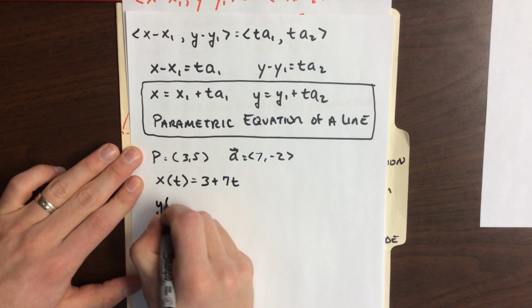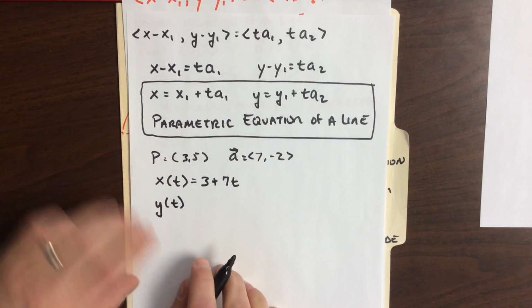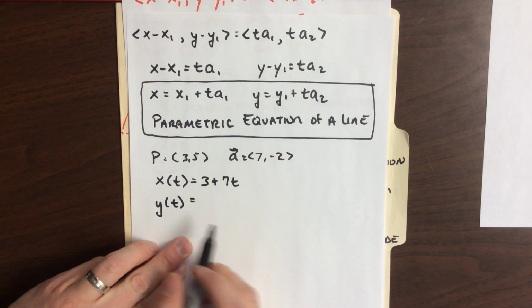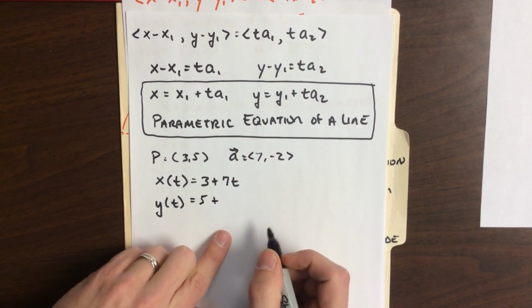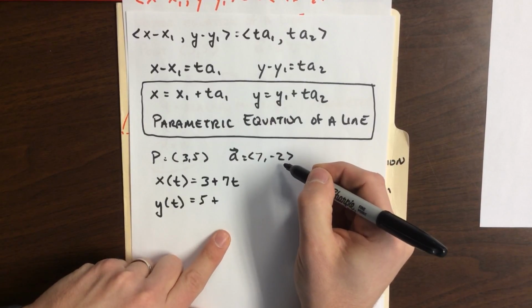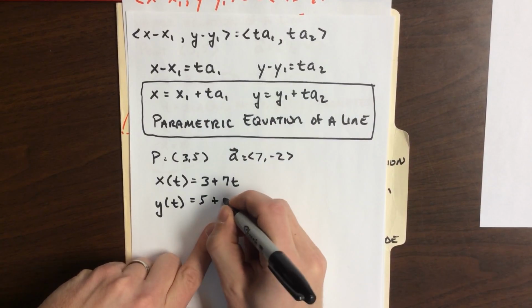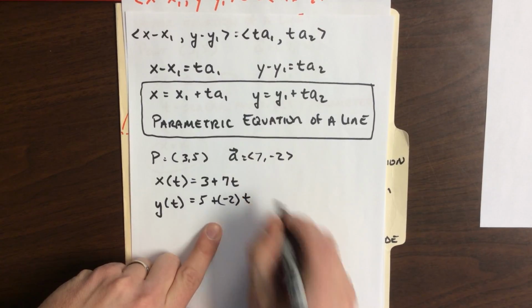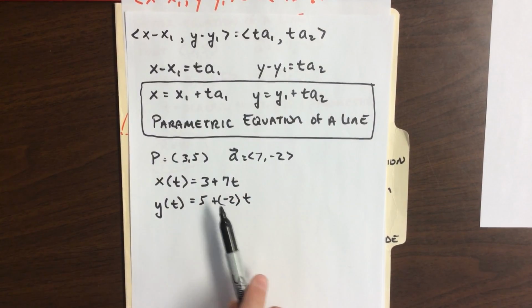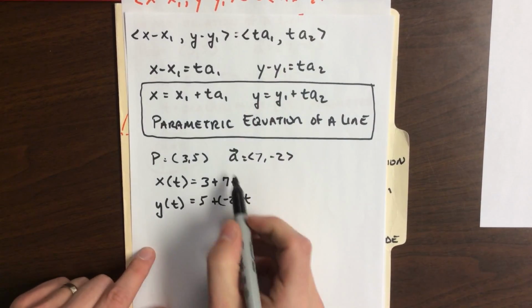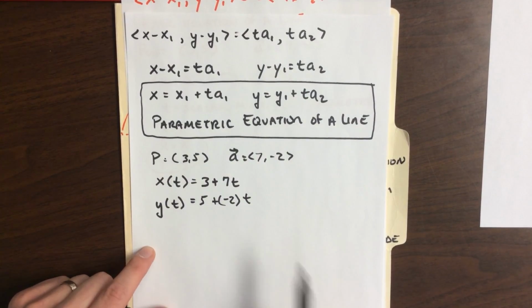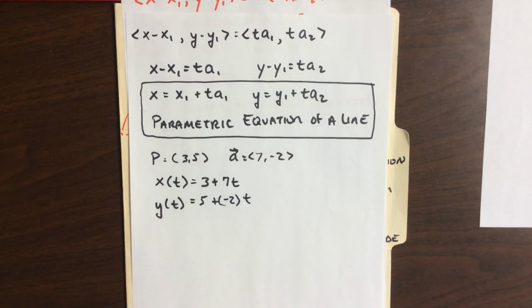And I have y of t, using function notation, y depends upon t. We've got y1, which is 5, plus a2, the vertical change, which is -2 times t. And yes, I could combine that positive and negative, I just wrote it hastily. So we've got a parametric equation for the line that passes through 3, 5 and is parallel to 7, -2.